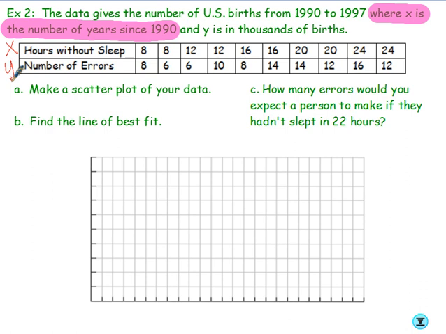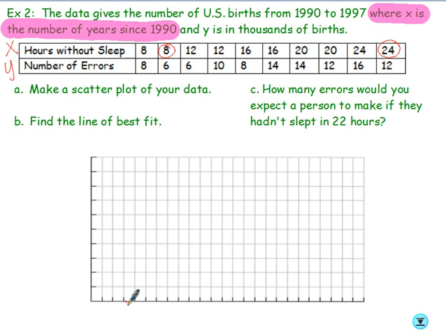So if we look at our X's, it looks like our lowest X is 8. And it looks like our highest X is 24. So we need to cover all the way along the bottom. Now we have a whole lot of boxes here. If you take 24 and you subtract 8, you only need 16 boxes.